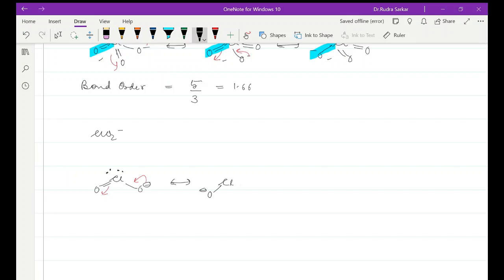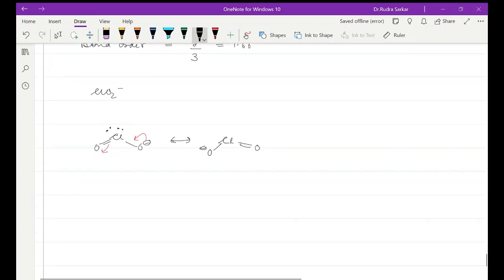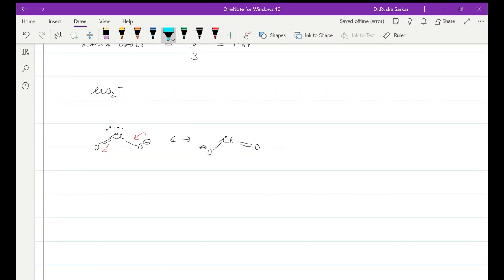This is the other resonating structure. Okay, so now again if you choose the bonds, what will we say? This is very much similar to your NO2 minus or ozone. So if you do the bond order calculation, again your answer will be 3 by 2, that is 1.5.